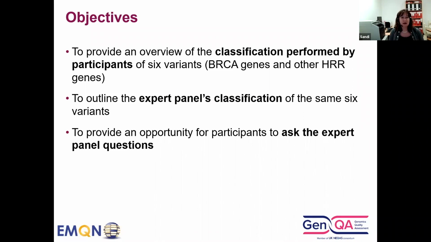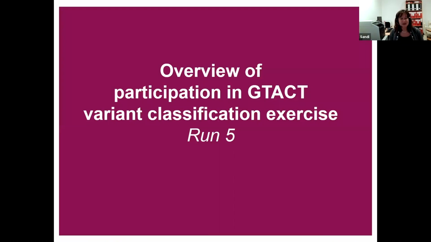We are also going to outline the expert panel's classification of the same 6 variants, and also ask the experts to answer any questions from the participants going forward. Next slide, please. This is the overview of the GTACT Run 5 that has been performed over the last 3 weeks. Next slide, please.